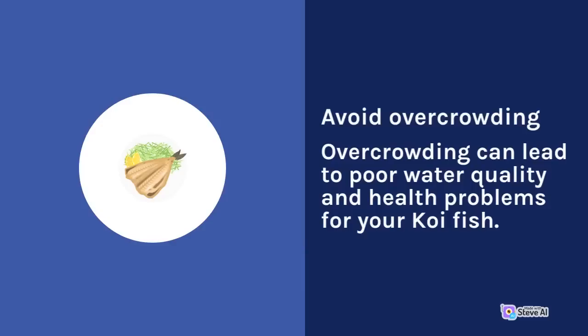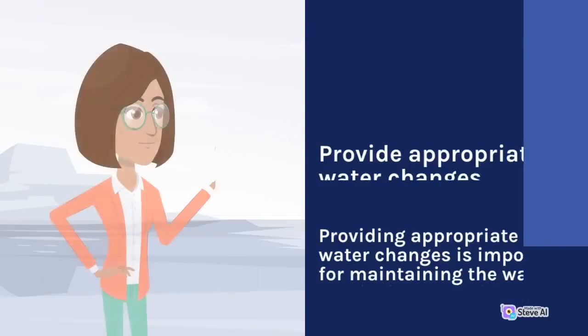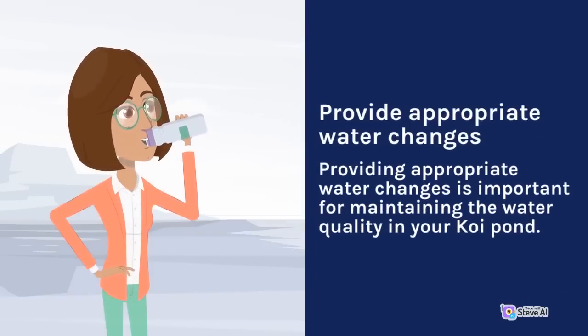Avoid overcrowding. Overcrowding can lead to poor water quality and health problems for your koi fish. Avoid adding too many fish to your pond and ensure that the pond is large enough to accommodate the number of fish you plan to keep. Provide appropriate water changes.